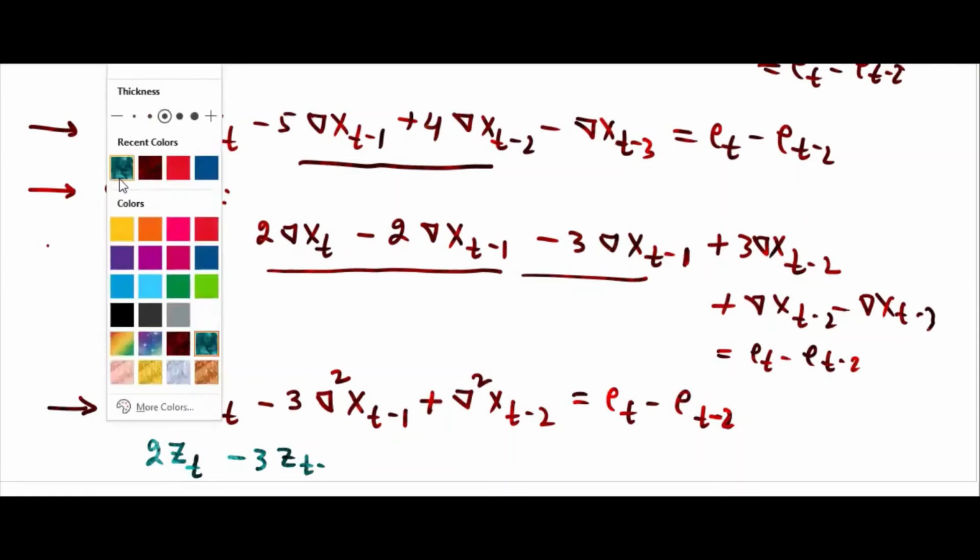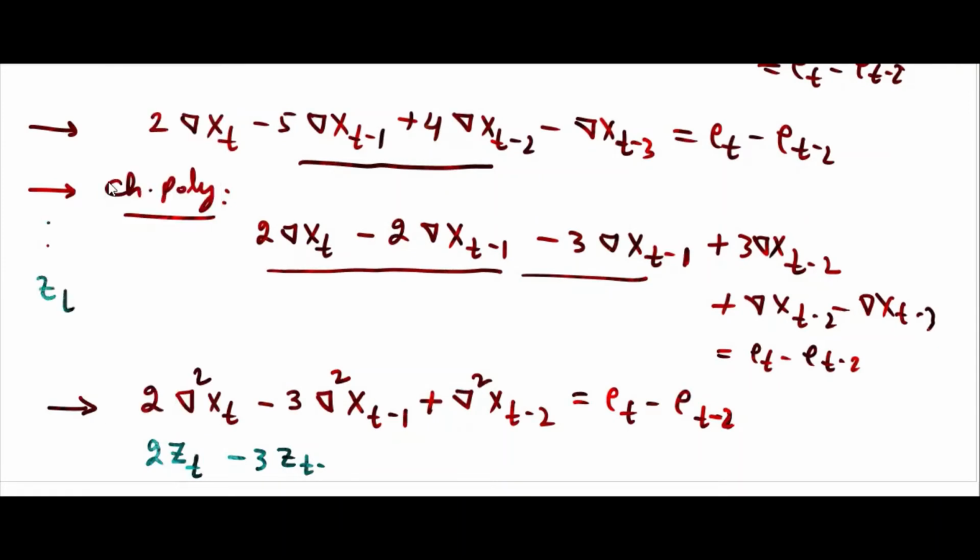So ∇² x_t I have taken as z_t, remember z_t I have taken as ∇² x_t. Normally I start taking from here y_t anyway. So this is z_{t-1} plus z_{t-2}, that is e_t minus e_{t-2}. So this one also we will try to factorize, okay. So what will happen? We'll cancel here.